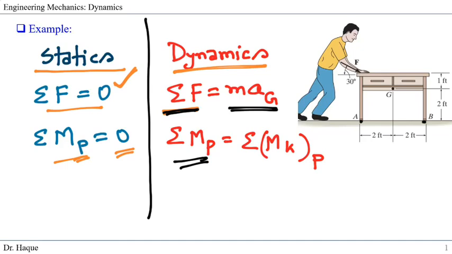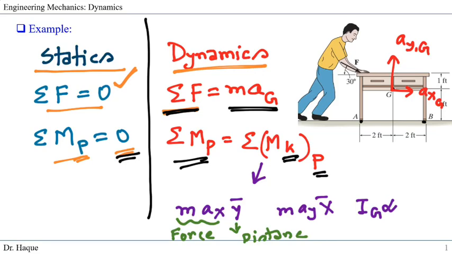It could be A, it could be G, or point D here. The moment about any point, instead of equaling 0 as in statics, will equal M_K, the kinetic moment about the same point P.